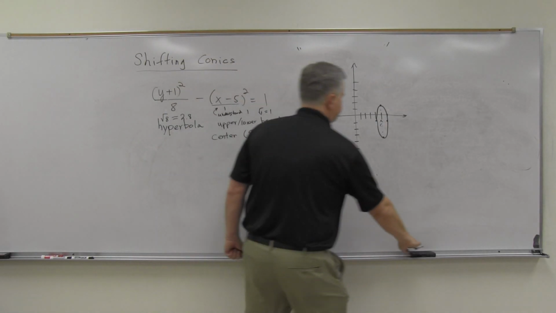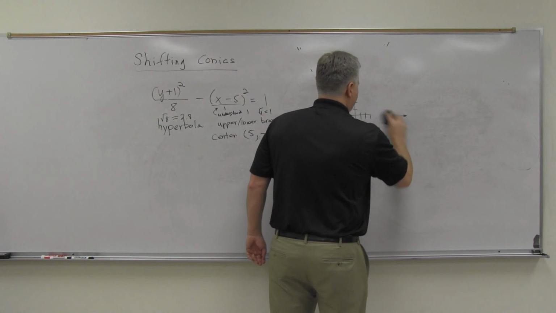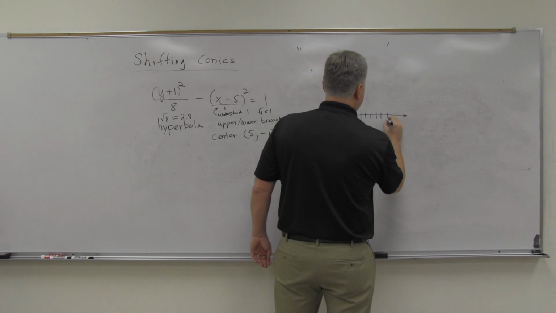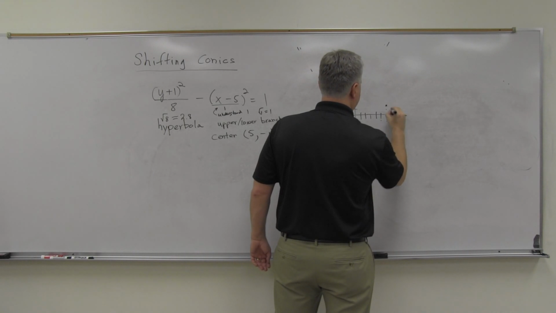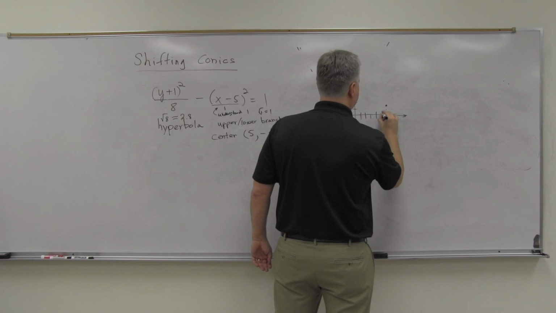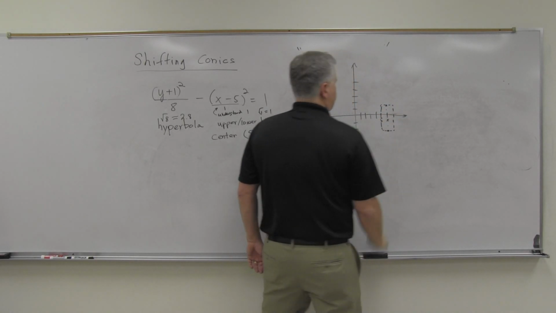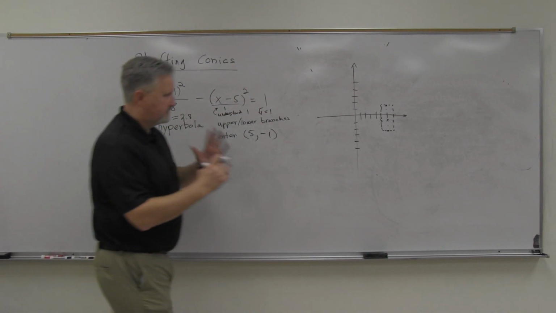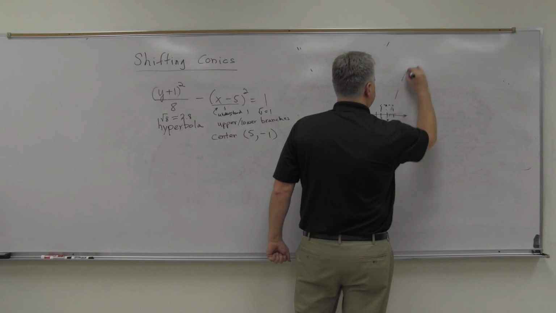Oh, we're doing hyperbola though. Getting way too far ahead of myself here. Try that again. So 1 and 1, 1, 2.8. This is a hyperbola, so draw the rectangle in that. How do we connect those points? Then draw our diagonals.